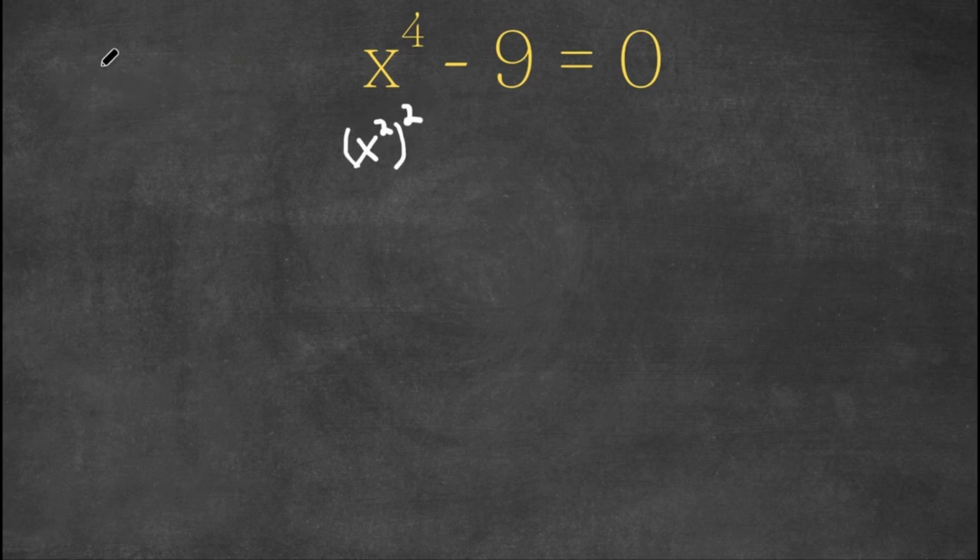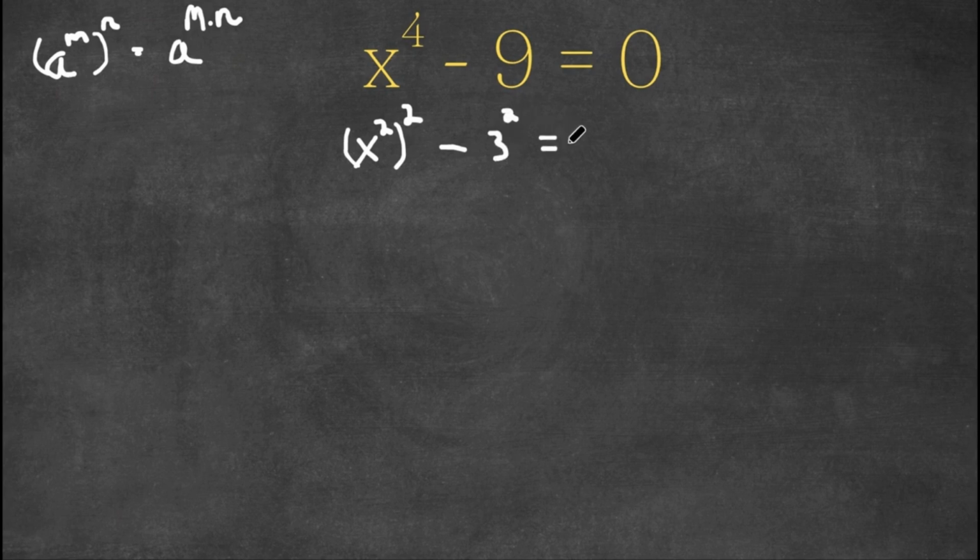Because remember, an important property of exponents is that we have a to the power of m to the power of n, this is also equal to a to the power of m times n. So what I'm doing is simply reversing this, converting it back to its original form. So x squared to the power of 2 minus, I'm going to change 9 to 3 squared. And this is still equal to 0.